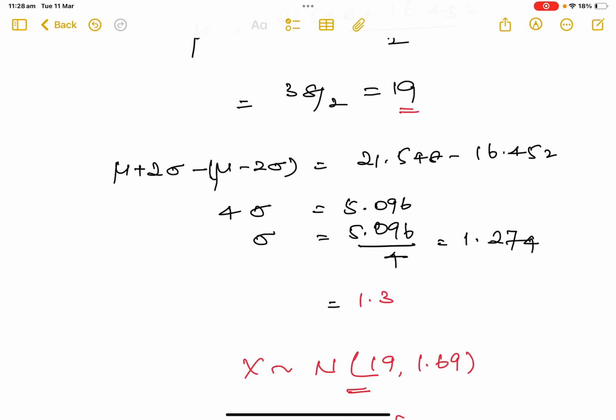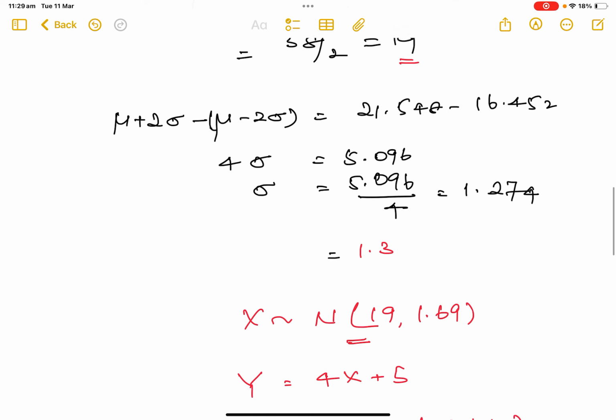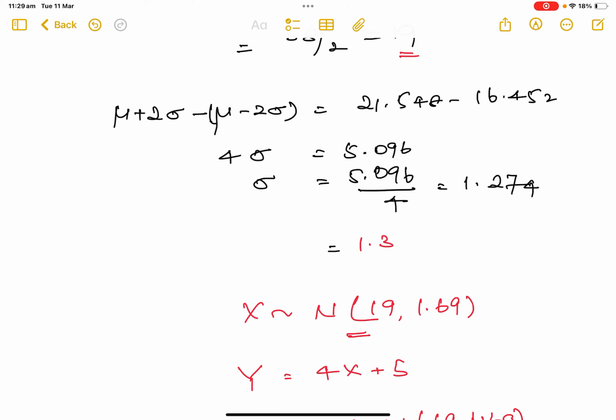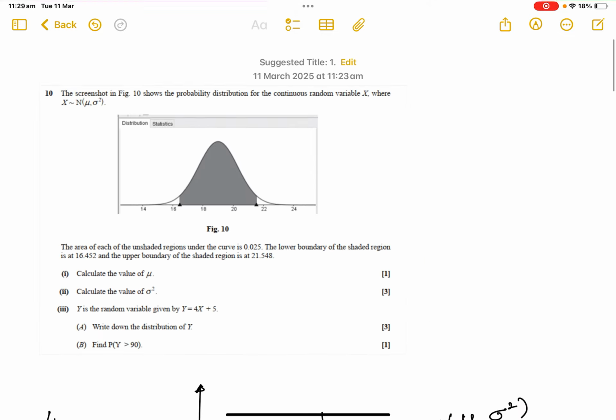The x values given are 21.548 minus 16.452, which is 5.096. From that, lambda, the standard deviation, is 5.096 divided by 4, which is 1.274. For the calculation, I took it as 1.3 to two significant figures. So that is both of the questions.